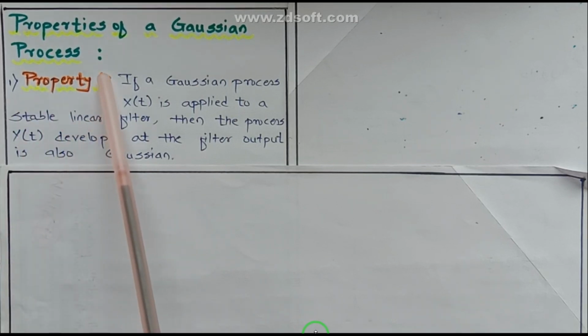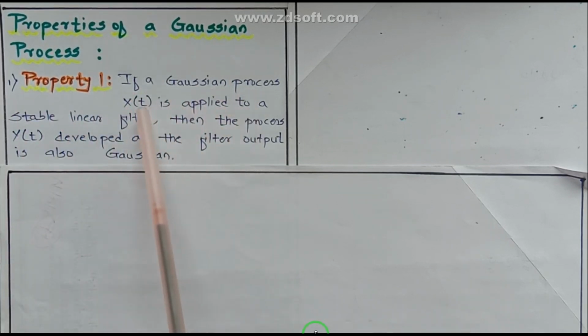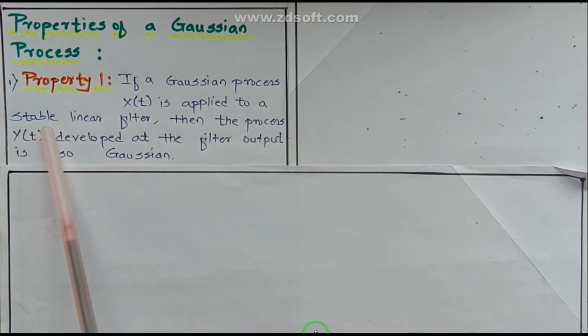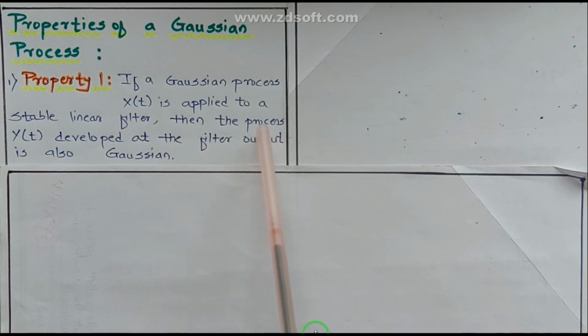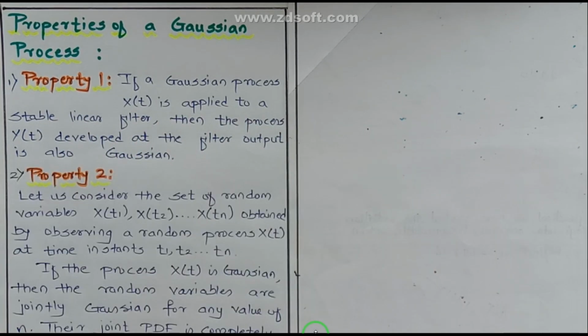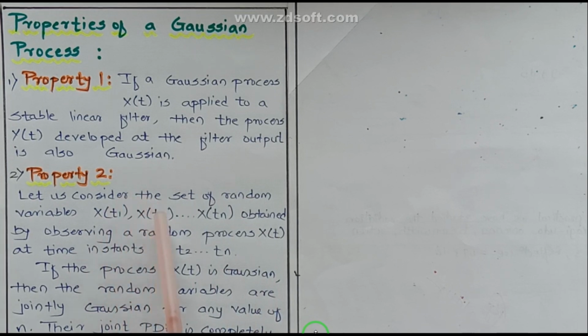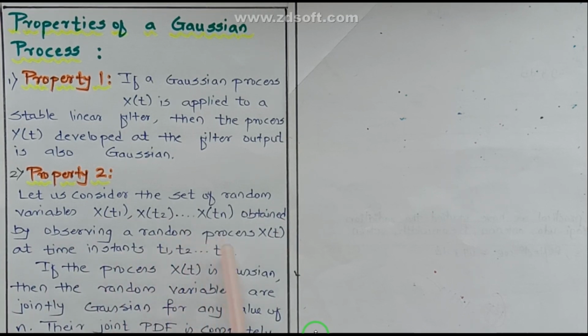Property 1: if a Gaussian process X(t) is applied to a stable linear filter, then the process Y(t) developed at the filter output is also Gaussian. Now, for property 2, let us consider the set of random variables or samples X(t1), X(t2) up to X(tn), obtained by observing a random process X(t) at the time instants t1, t2, t3 up to tn.